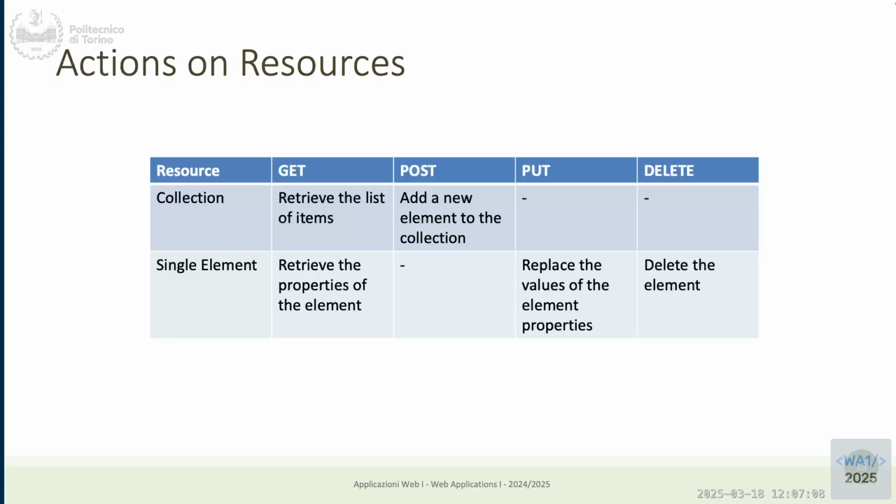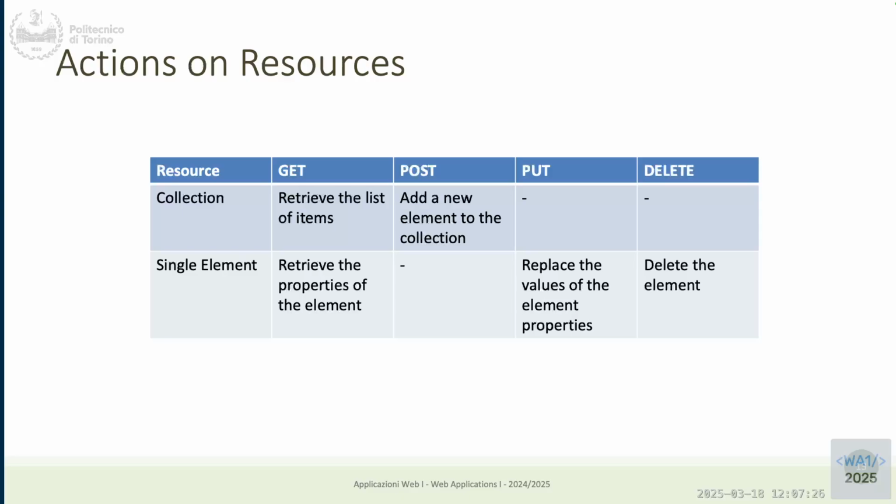Okay? So we also be careful about what we return. But conceptually, a get operation on a collection will return the list of items in that collection. We don't specify, we need to document the level of detail in which we are giving that.